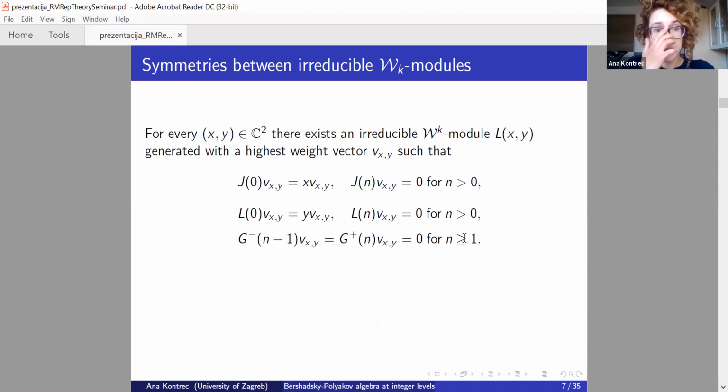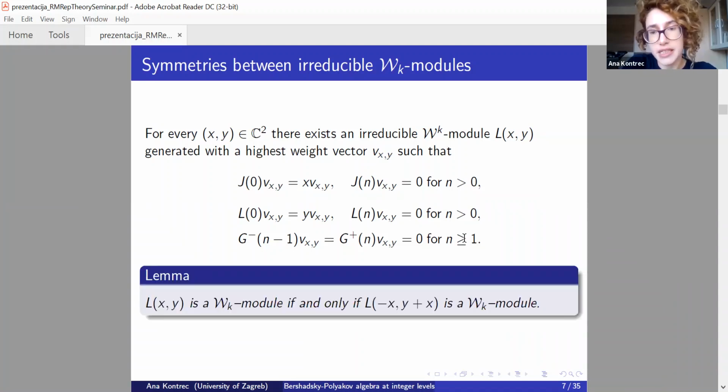Okay, so the irreducible modules are generated, so we will study mostly highest weight modules, which are generated by a highest weight vector. And this existence follows either from the Drinfeld-Sokolov reduction functor or from the Zhu theory.